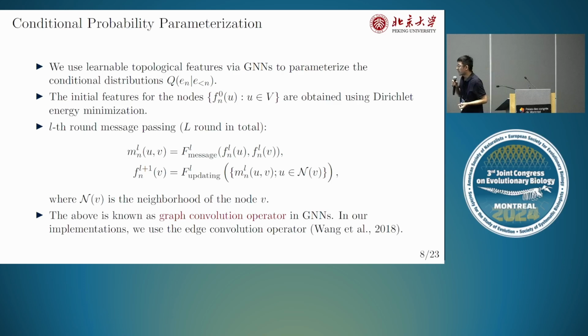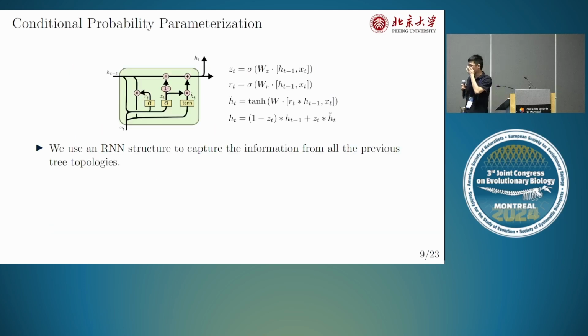Once you do that, the above procedure is called the graph convolution operator in GNNs. In our implementation, we just use a very simple special one called the edge convolution operator, proposed by Wang et al. in 2018.